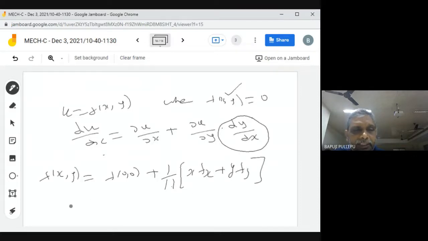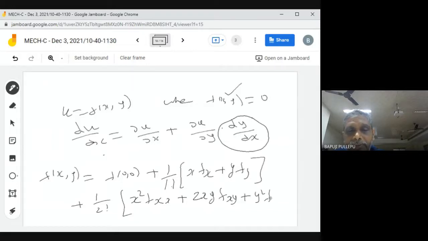Then next you will get 1 by 2 factorial. You can write a plus b whole square: a square means x square fxx plus 2ab means 2xy into fxy plus b square means y square into fyy. Correct? At 0 0, these are all understood at 0 0. Clear?